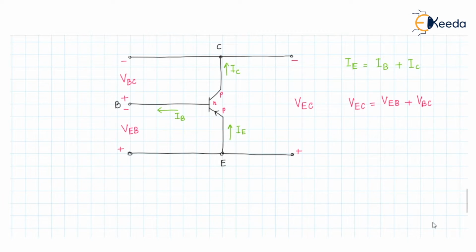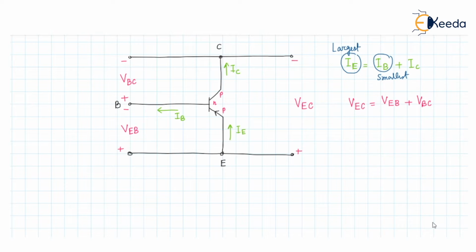And likewise, of the NPN transistor, we can say that this IE current will be the largest current and this IB current will be the smallest current.